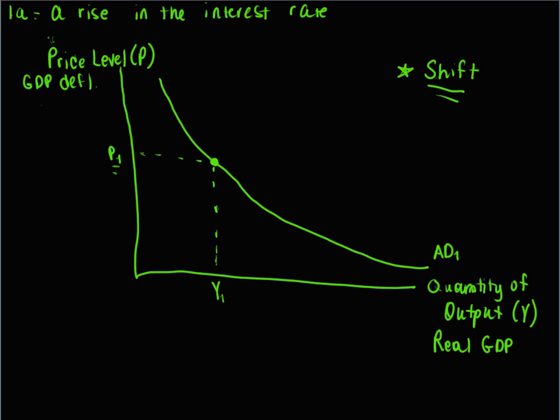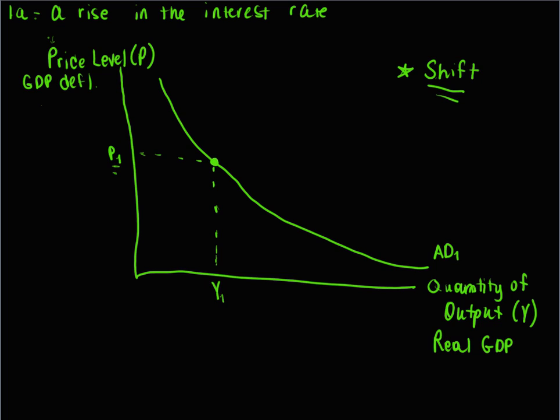Well, when interest rates rise, it becomes more difficult for firms and consumers to borrow money. Remember, the interest rate is the price of money. So when you go to the bank and say, I want to borrow this amount of money, the bank will say you may, but you will have to pay a certain interest rate. And so we call the interest rate the price of money.